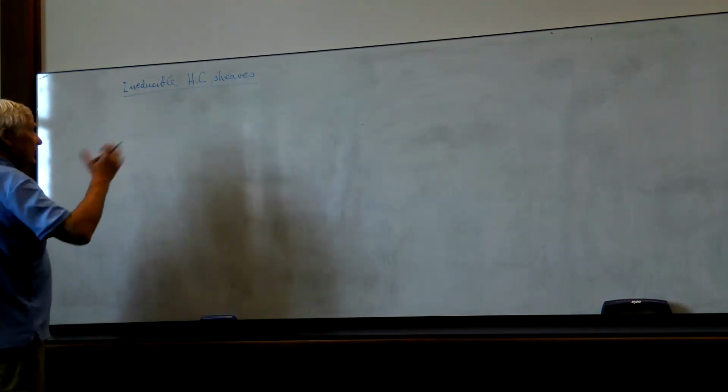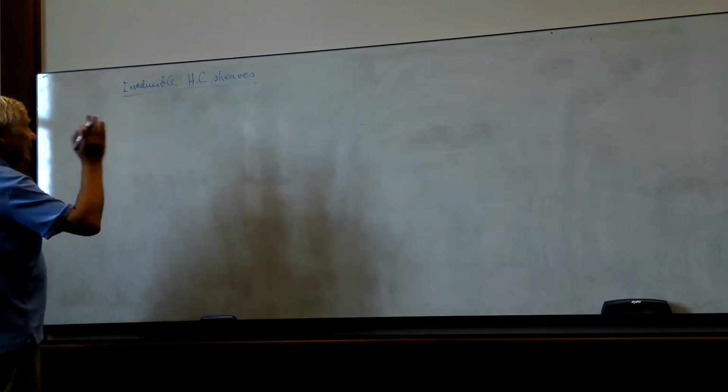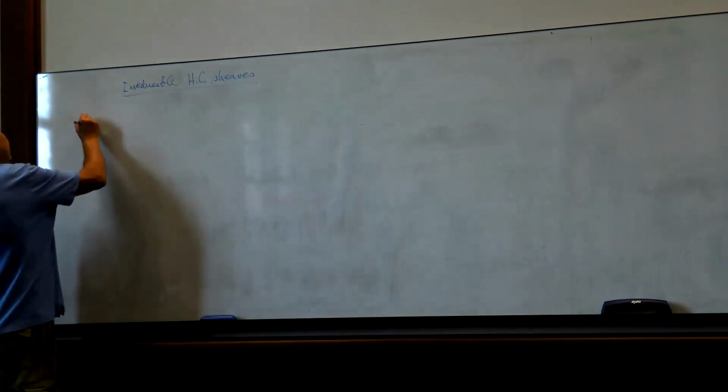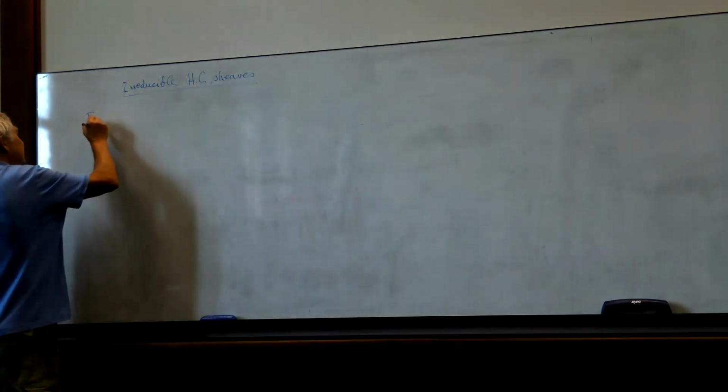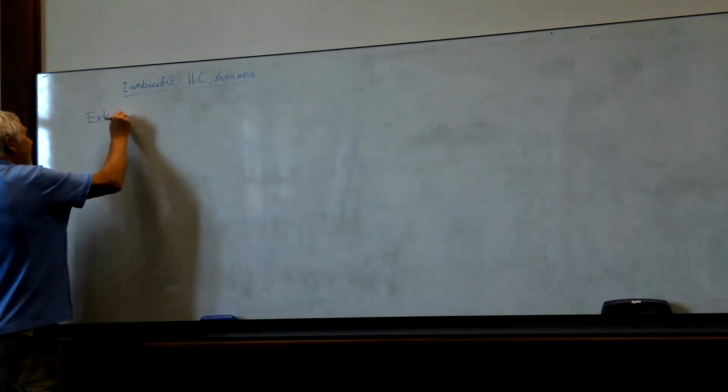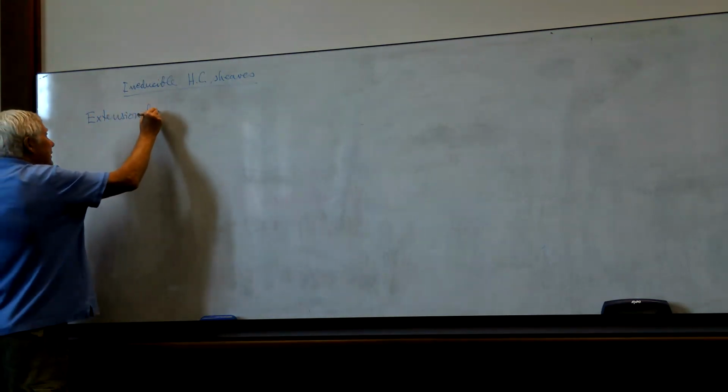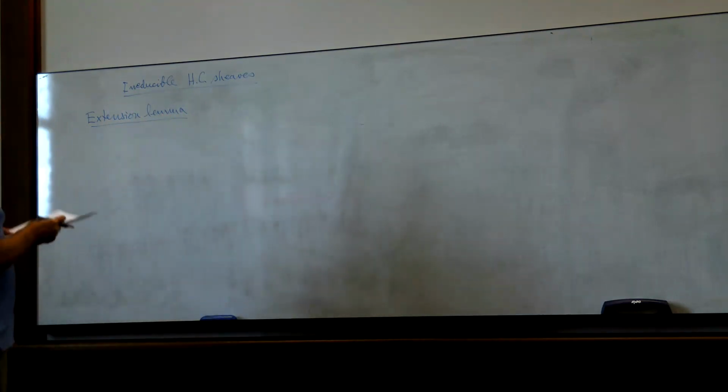So to make the discussion applicable to a more general situation, and also to show that this is really technically very simple, I will just assume that we have a smooth algebraic variety and D modules on it. And first we need something called the extension lemma, which is usually attributed to Grothendieck.